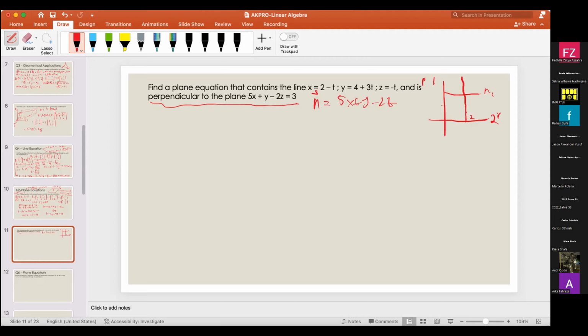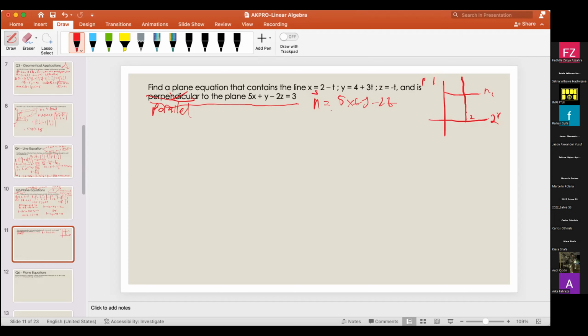In order to find, that means we need to do an additional process. Okay, so let me change the question a bit. Let me change this to parallel to make it simpler, because if they are perpendicular, that means I have to find another vector which is perpendicular to this, and it will take a long time.